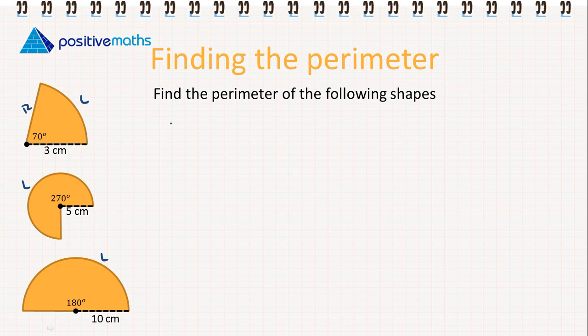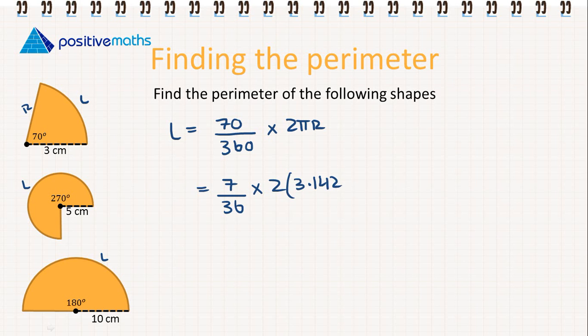So the first shape, we're going to find the length. L is equal to 70 over 360 multiplied by 2 pi r. We'll fill in the rest of our details. 70 over 360 simplifies down to 7 over 36 multiplied by 2 by 3.142 by the radius, which is 3.